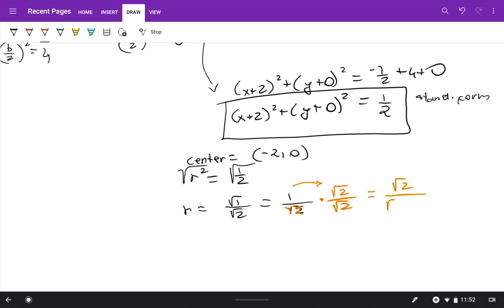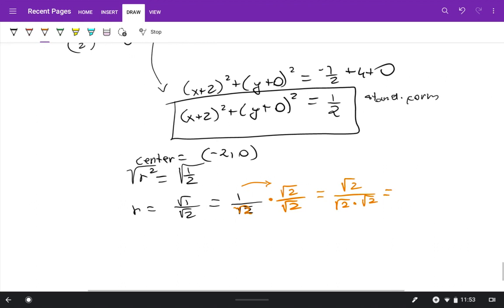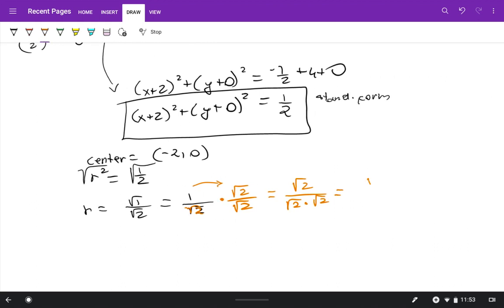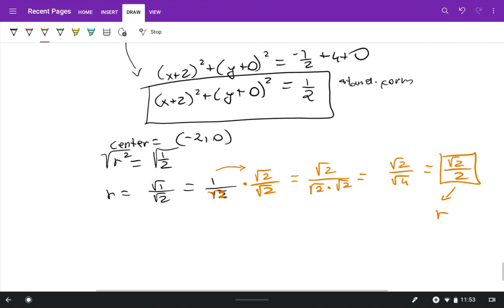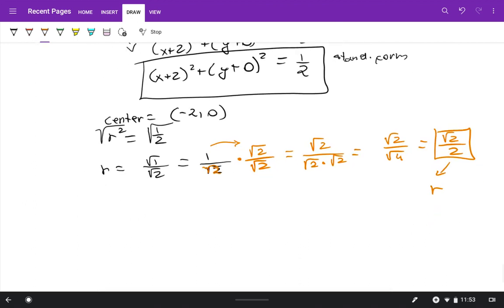And in the denominator, you have square root of 2 times square root of 2, which is radical of 4, which is 2. So square root of 2 divided by 2. That's how you should express the radius. Maybe it doesn't look better, but we never keep a square root in the denominator of the fraction. So I hope this example helps you.